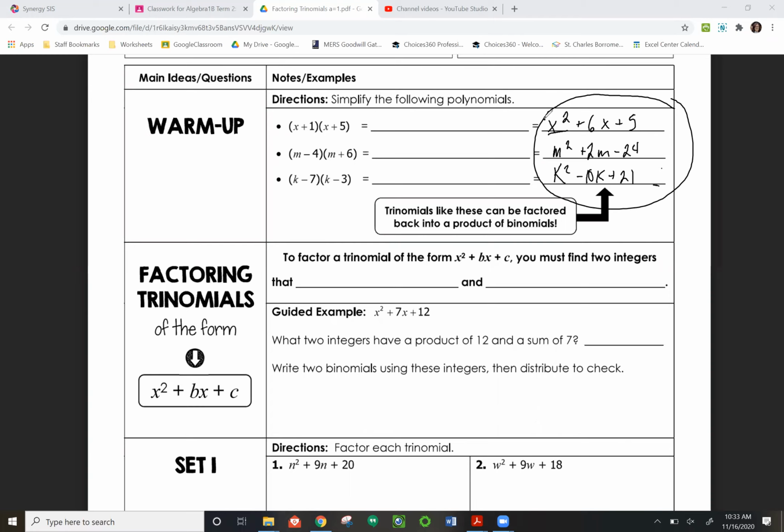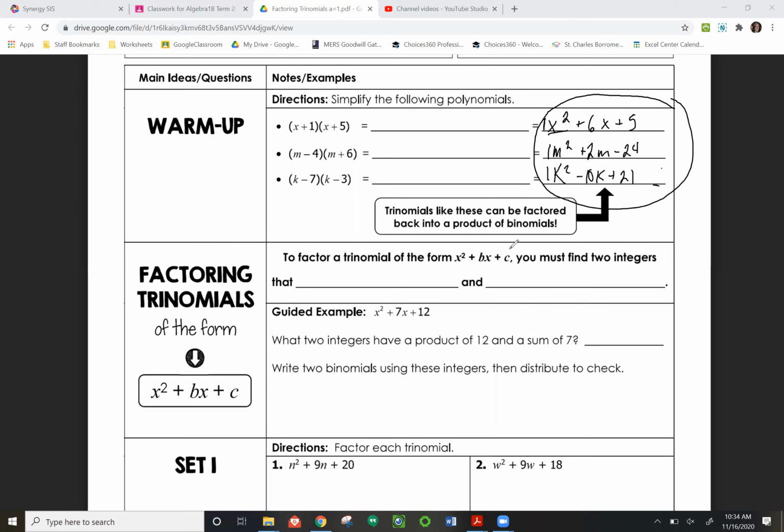What's the coefficient? 1. Here, your highest powered variable is m squared. Your coefficient is 1. And here as well, k squared, your coefficient is 1. So the one thing that they all have in common is that the leading coefficient is 1, okay?